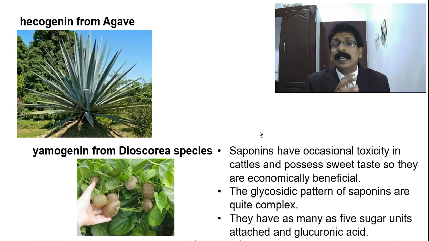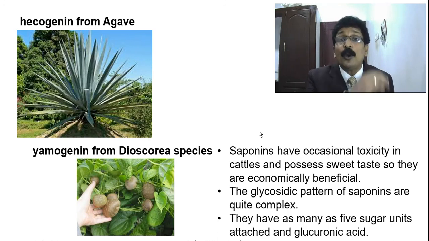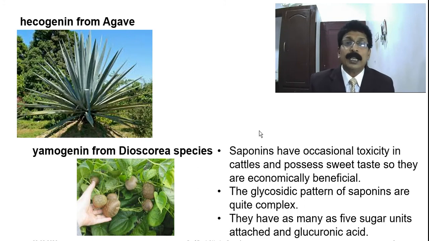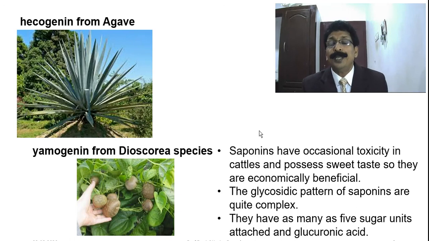And diosgenin is present in Dioscorea species. In Dioscorea species, the tubers and rhizomes are always used. Even some of them are edible, very few varieties.